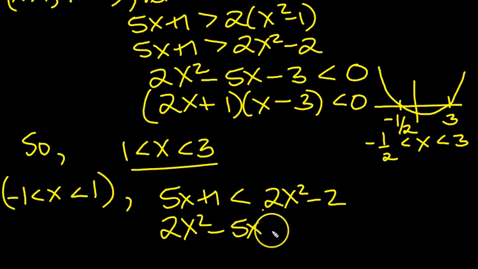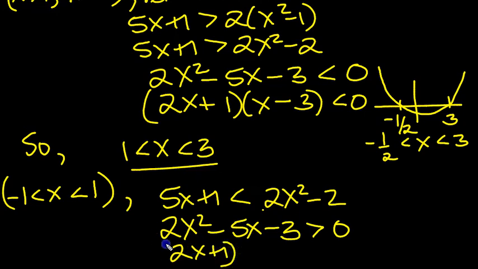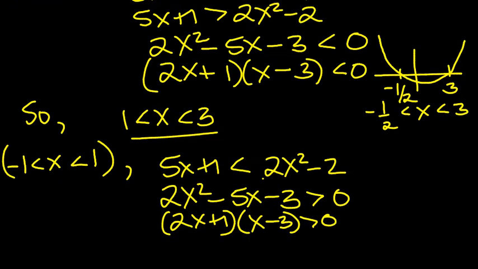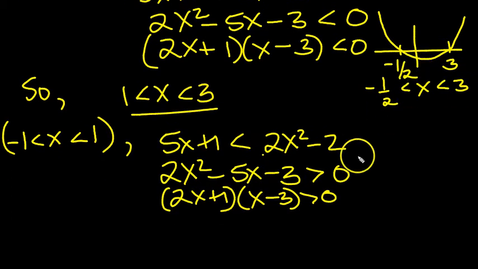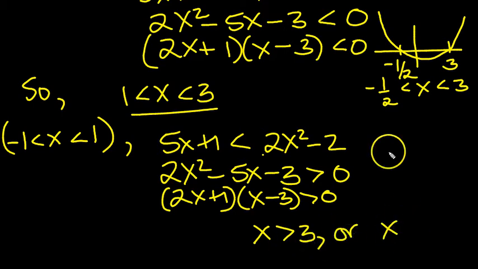And then move the 1 over, minus 3, same as before, but this time it's greater than 0. The same factors apply. Factorization is the same. 2x plus 1, x minus 3 is greater than 0. That's a U-shaped quadratic, as we've said above here. When is it greater than 0? It's greater than 0 when x is bigger than 3, or when x is less than minus a half.